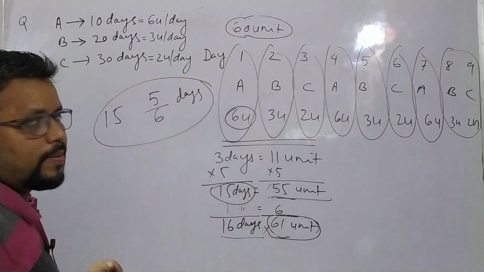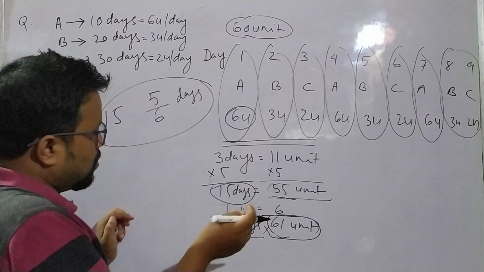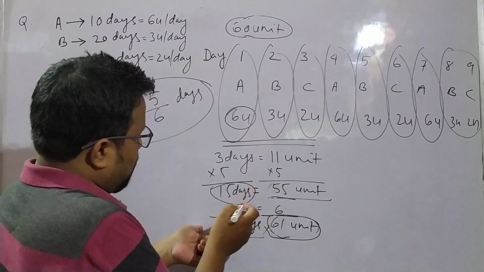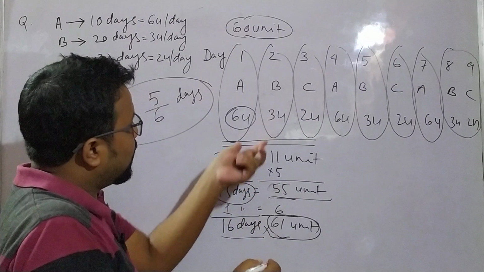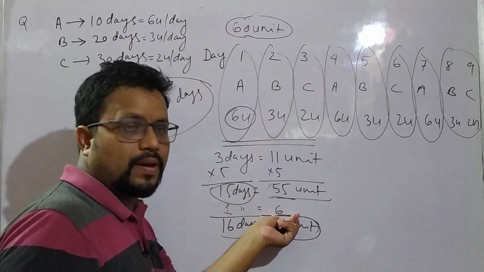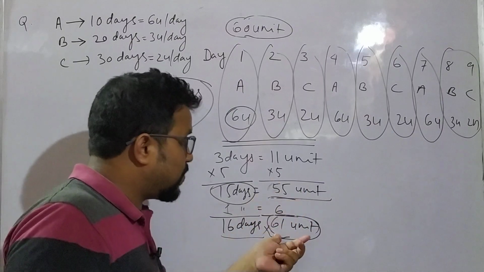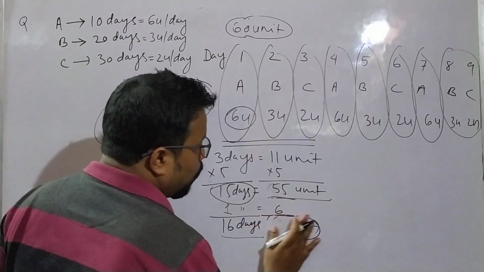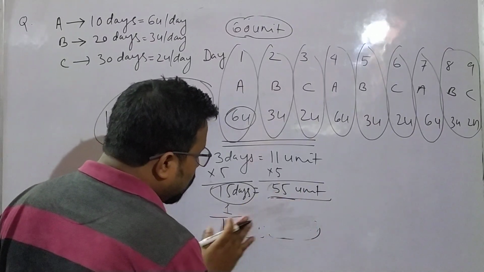So how am I getting this? One full day A cannot work, because if A works one day, it will be 6 units, and then it will be 61 units. So a complete day will not work.